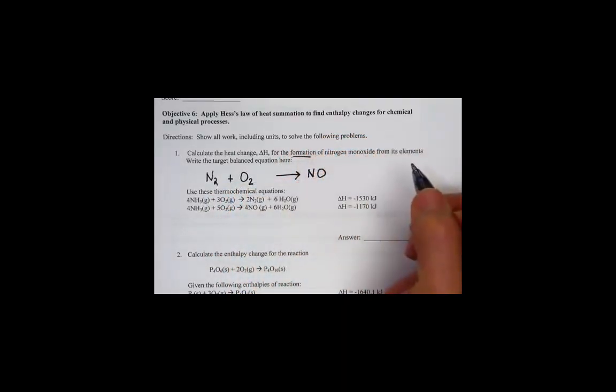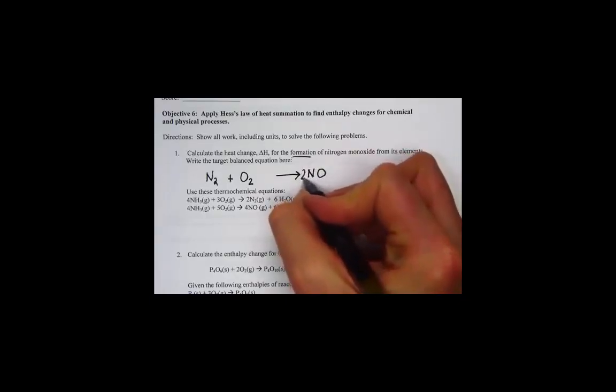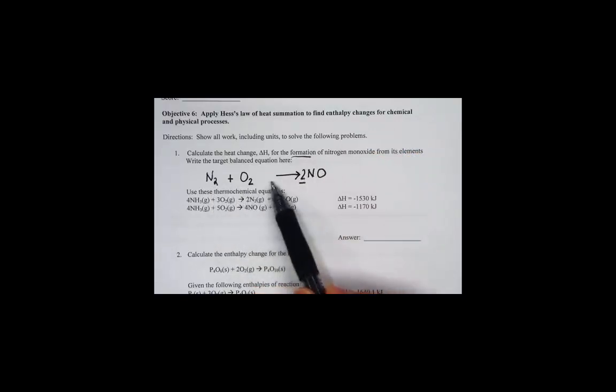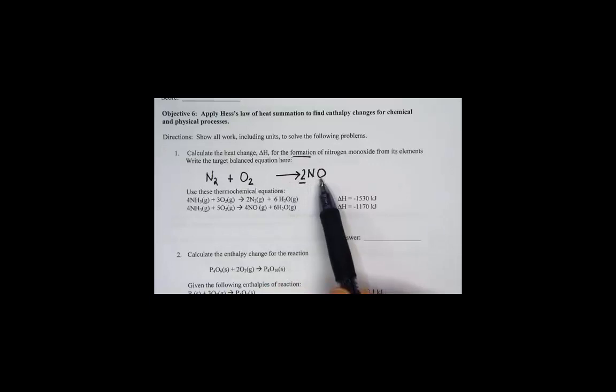Nitrogen and oxygen will be written in molecular form, N2 plus O2. And of course, to balance our equation, we'll need to have 2 units of NO. The target equation we are being asked to build will be N2 plus O2, forming 2 units of NO.